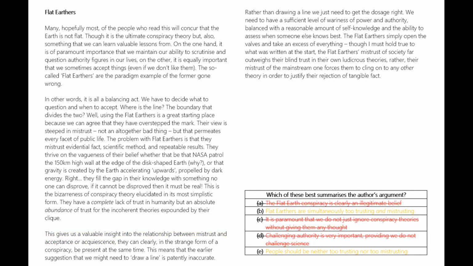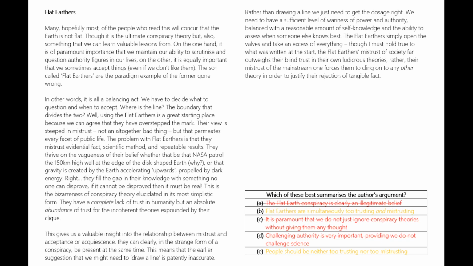So ultimately, do we go for B or E? We'll look in more detail at this technique of whittling down answers in Lecture 2, the final two. But for now, let's have a go. Possibility B says, flat earthers are simultaneously too trusting and mistrusting. E says, people should be neither too trusting nor too mistrusting.